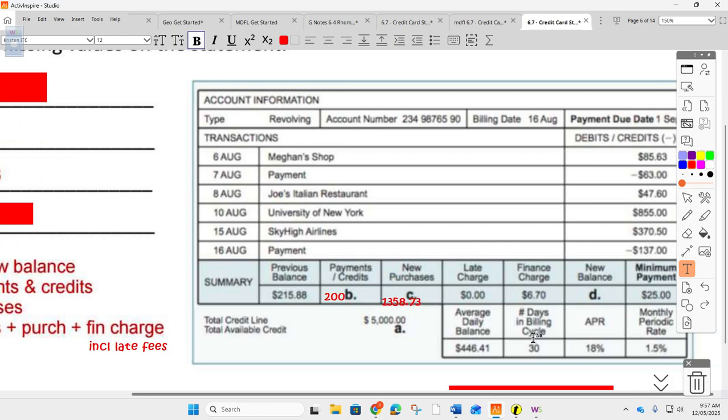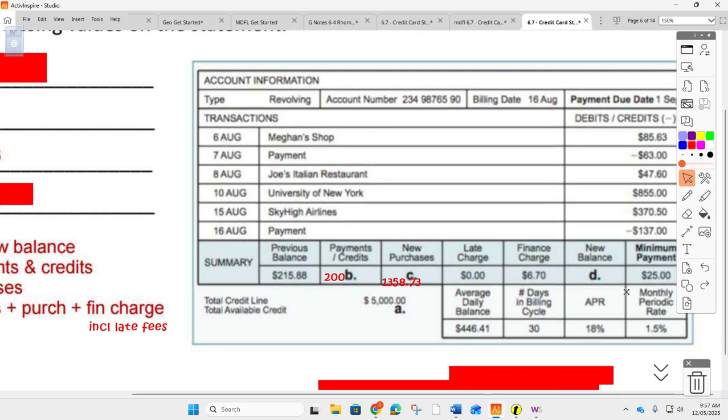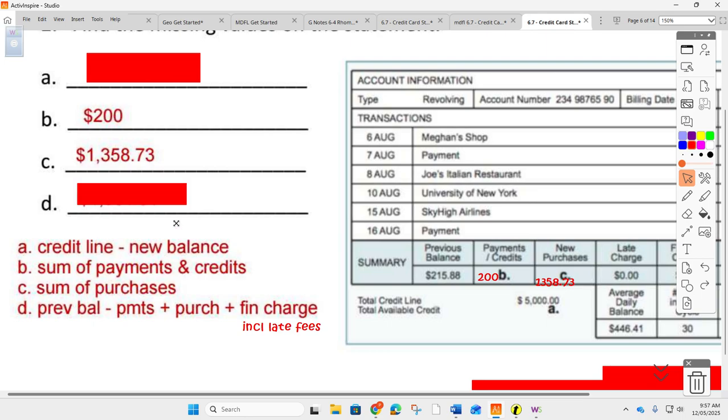So previous balance minus 200 plus 1358.73 plus 670. That gives us our new balance, which is 1381.31. So that's what goes in the new balance box.